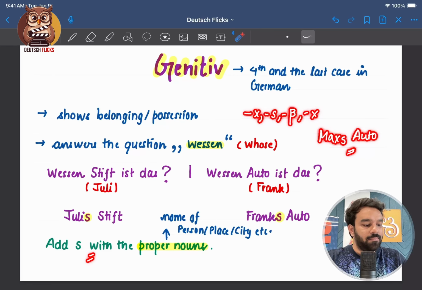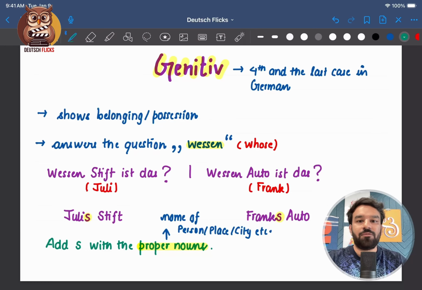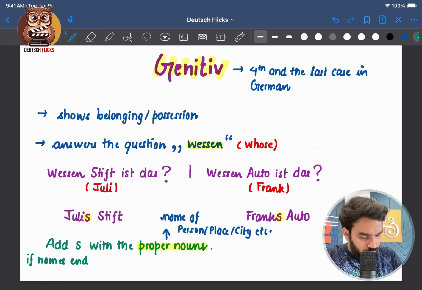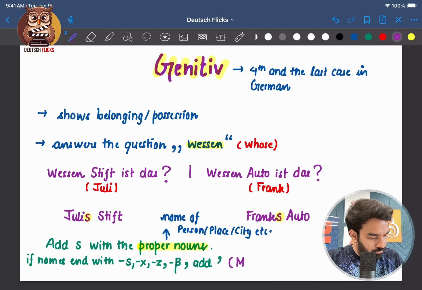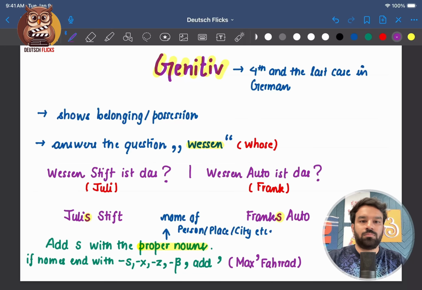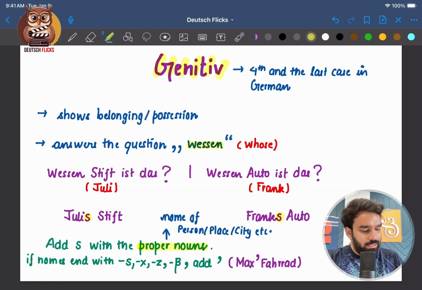The rule says if your nouns end with any of these letters, then you do not add S, but you put an apostrophe and you're done. So I'll just write whatever I said with the help of an example. Okay, so you put only apostrophe and there's no need of S.